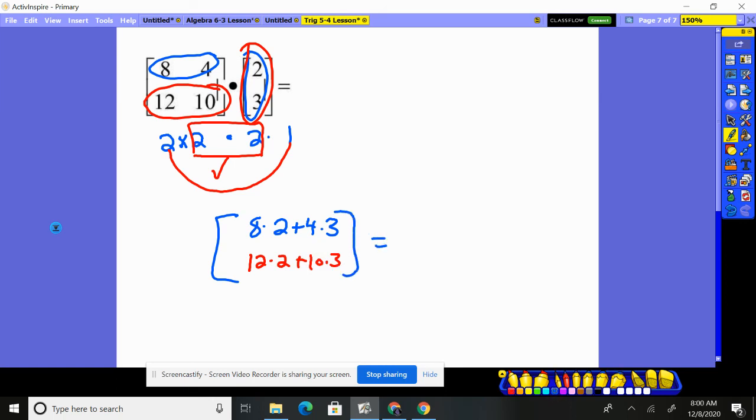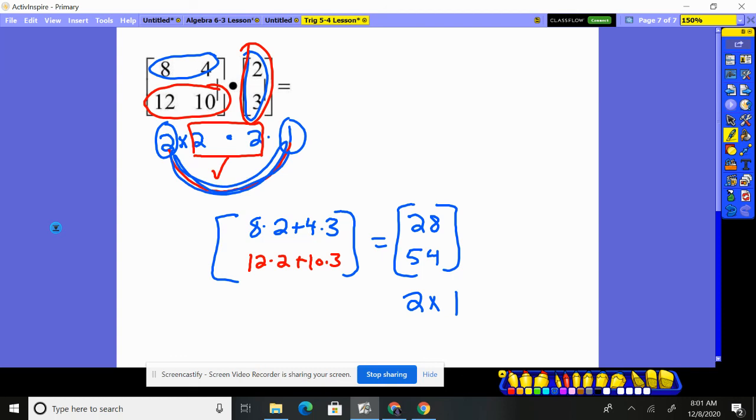Let's see what our answer is. 16 and 12, 28. 24 and 30, 54. There's our answer. Notice our answer is how many rows? 2. How many columns? 1. And there's your 2 by 1, as we said our answer would be. There we have it, dealing with matrices.